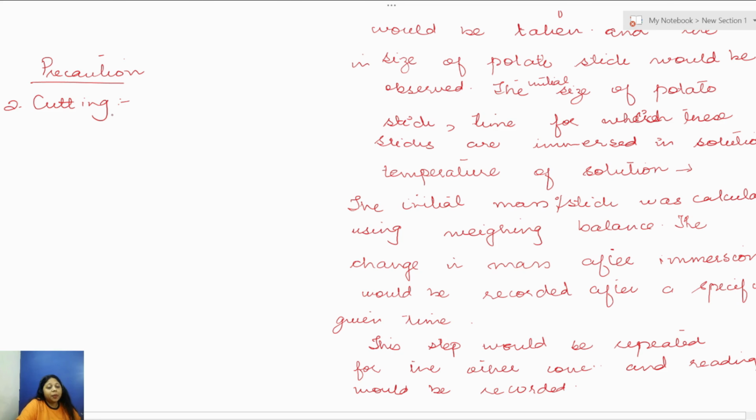For cutting, always cut the potato sticks, or any plant if it is given, since this is also part of a plant, away from the body. Second important thing, cut the potato stick away from the body. Simple. Okay.